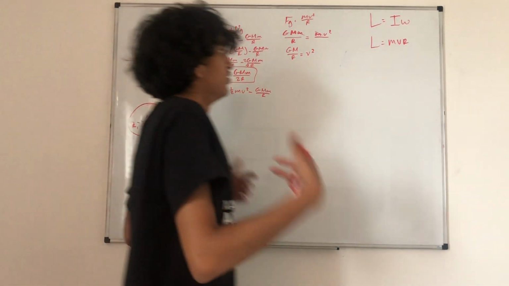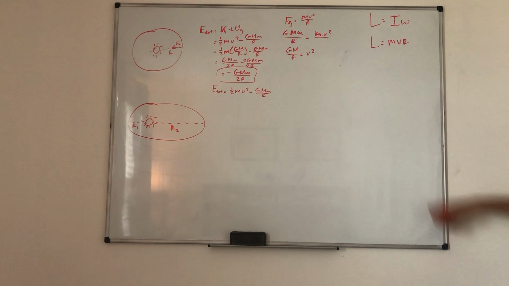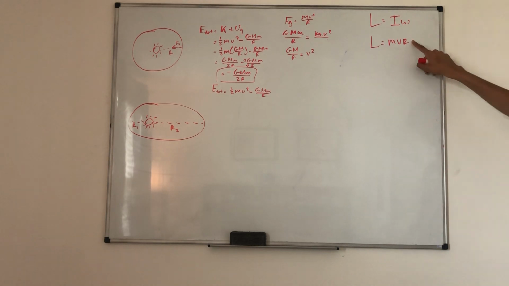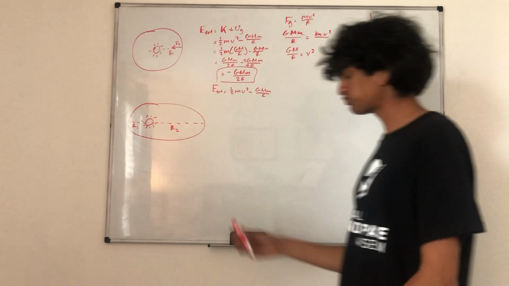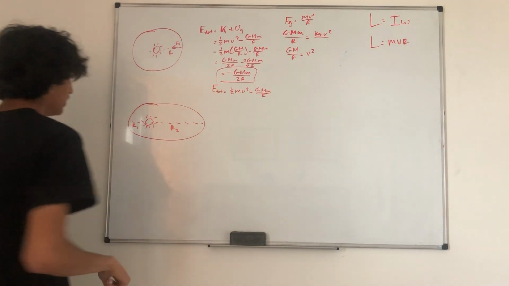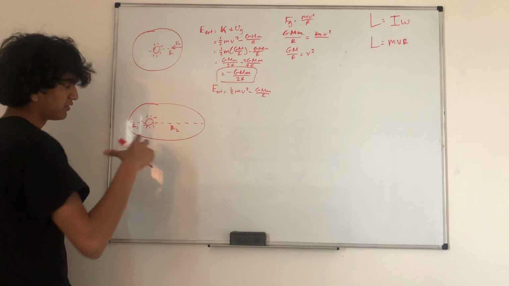So v is changing, but r also changes to balance it out. If your distance from the sun increases or decreases by 2, your speed is going to change by 1/2 to balance it out. So angular momentum is conserved. There's no outside torque by the sun because everything is parallel.